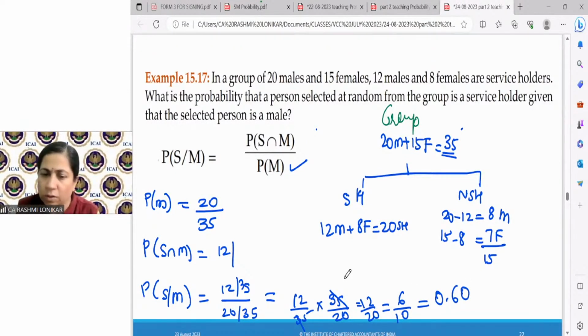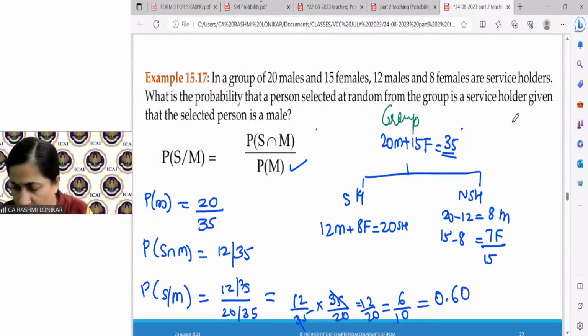So there are 12 service holders who are male. Out of the 35 total group of people, there are 12 males who are service holders. And we want to find out that the selected person is a male.